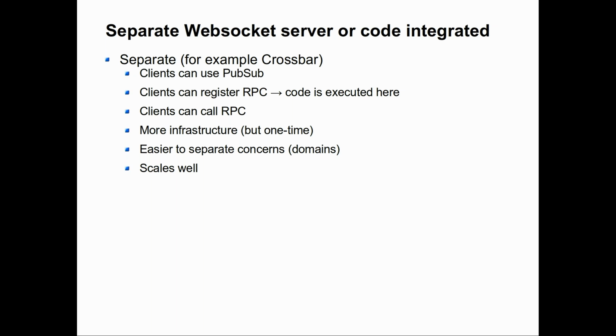Then the code for a certain RPC call is not going to run on the WebSocket server. It's going to be running on a certain client. There is a bit of extra work in terms of infrastructure setup because you have to set up a WebSocket server. However, it's easier to separate a lot of concerns or domains, and it scales a lot better.